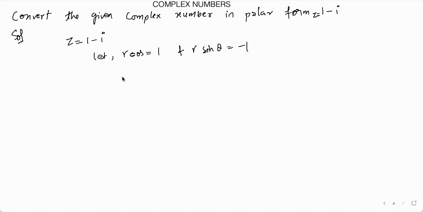So squaring and adding both sides, we know cos square theta plus sin square theta, which is equal to 1 square plus 1 square, right? Again this is r square, we get this as 2, or r is equal to root 2.